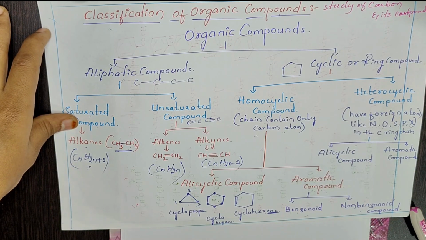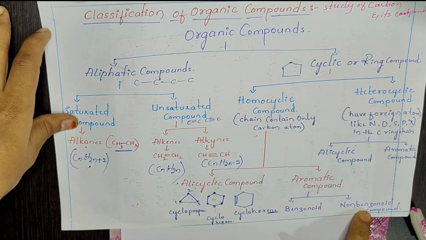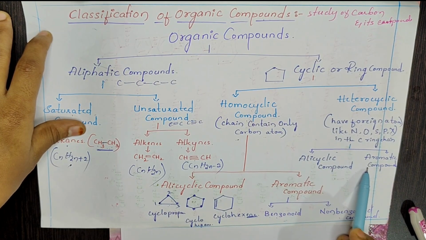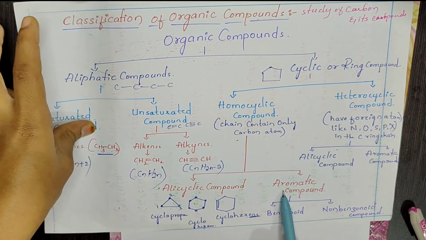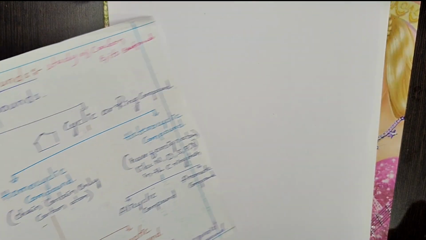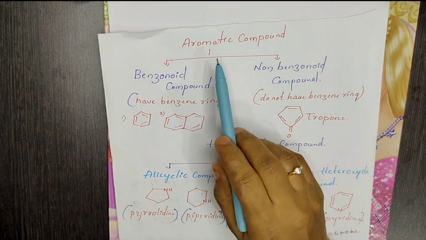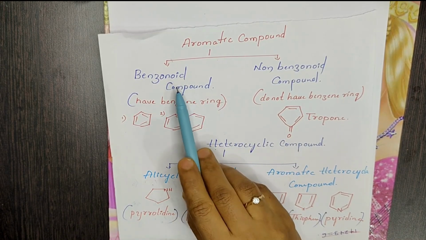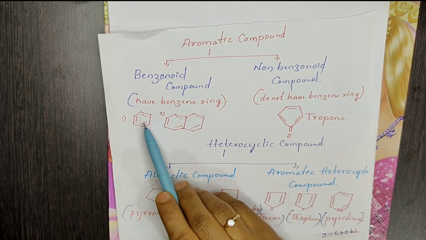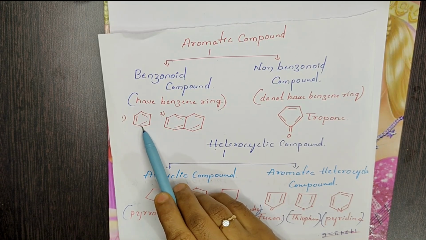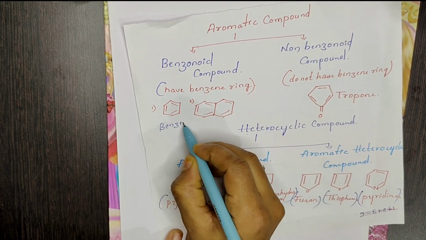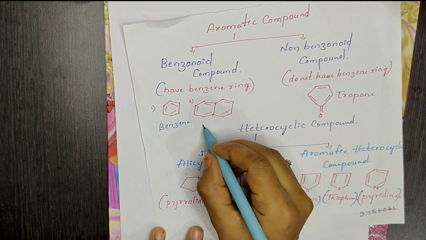The aromatic compounds are again classified into benzenoid compounds and non-benzenoid compounds. Benzenoid compounds are compounds which contain a benzene ring. This is the structure for benzene, and this is the structure for naphthalene.